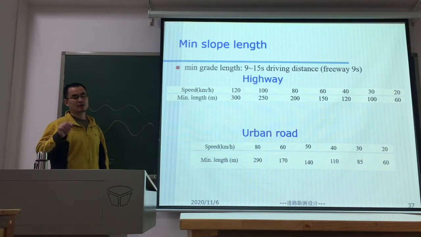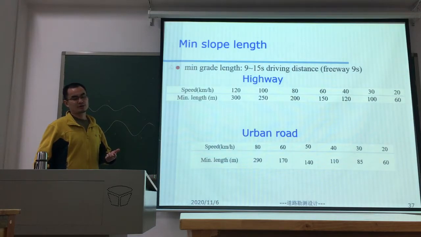The minimum grid length is calculated by the time and the speed. Time multiplies speed is length. The time is from 9 to 15 seconds. For freeway, we use 9 seconds.